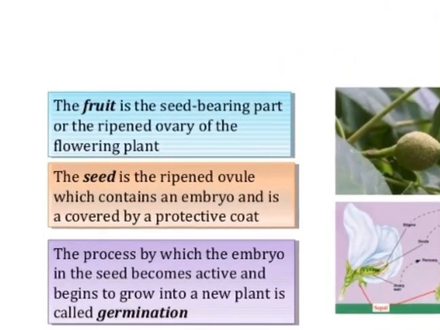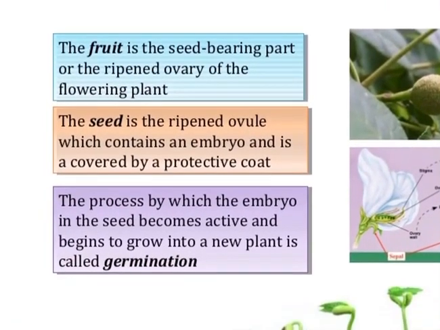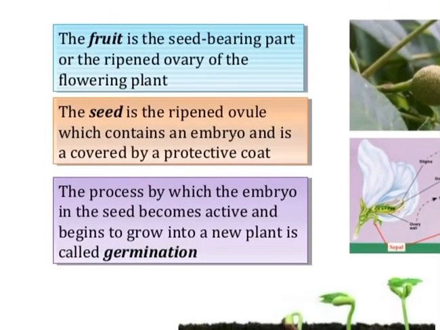Now, the fruit is the seed bearing part, or the ripened ovary of the flowering plant. The fruit is the ripened ovary, and the seed is the ripened ovule, which contains an embryo and is covered by a protective coat. Now, what is germination?